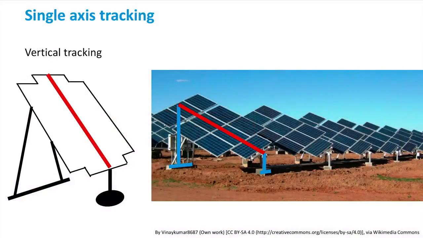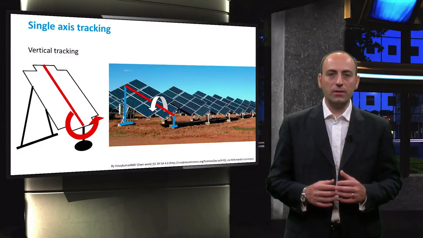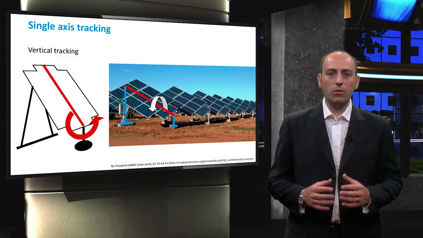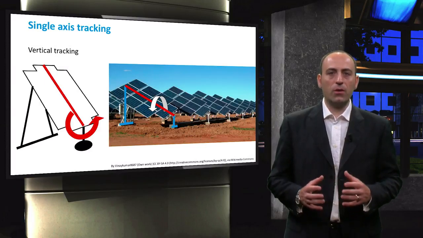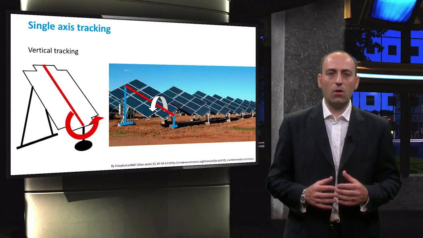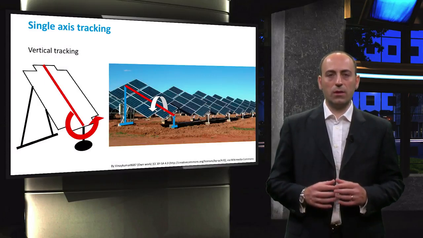Let's start with the single-axis tracker. As the name implies, this tracker only has one rotational axis, so 1 degree of freedom, indicated here by the red line. The tracking system consists of an electric motor controlled by a computer system that changes the tilt of the panel. The computer uses an algorithm that requires the coordinates of the location and the day and time to compute the position of the sun.